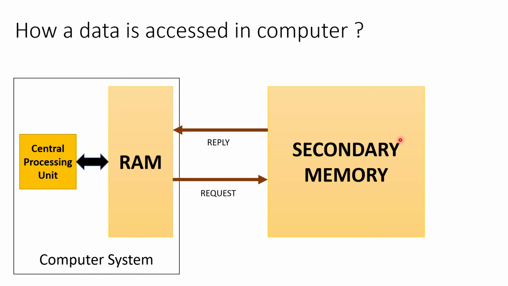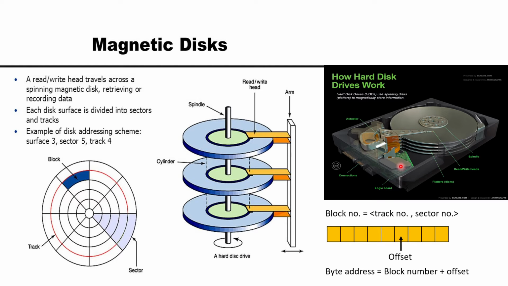Now naturally, we know that this secondary memory is very large. So if we don't have a proper data structure to store this data and keep track of where the data is actually present, the RAM will take a lot of time just to search for the exact offset where the data is present. The offset, that is what we were discussing.